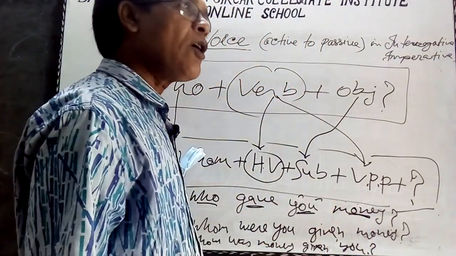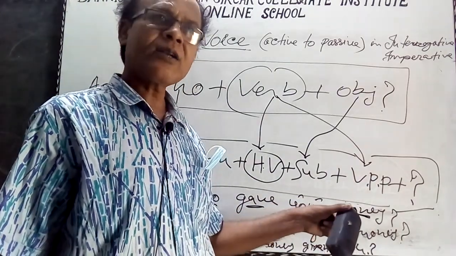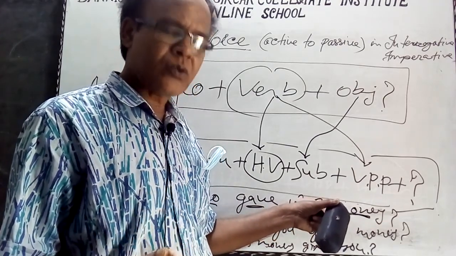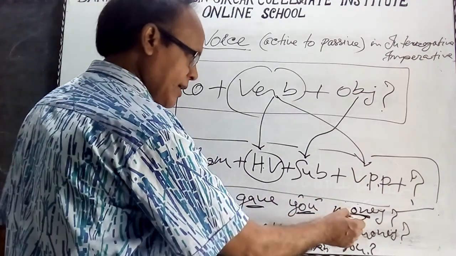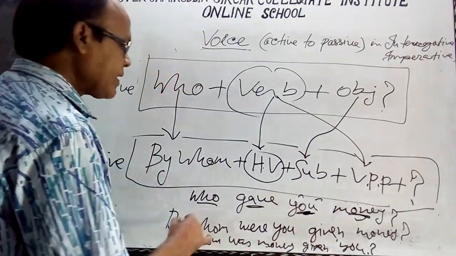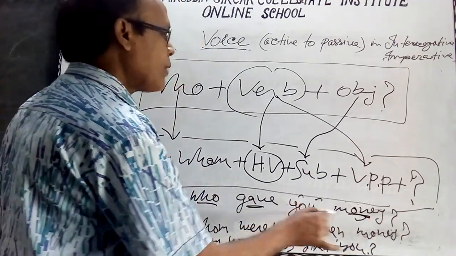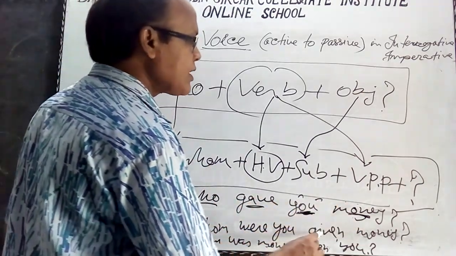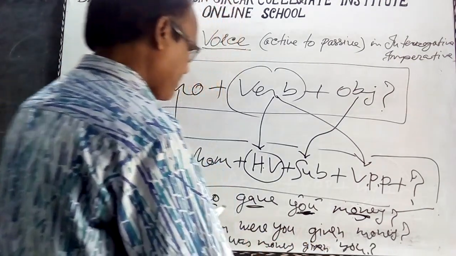We can take any of the objects, but it is better to take the thing, the money, or we can use the person. So we can write any of these. We can use any of the objects here. So, who gave you money? By whom were you given money? Or by whom was money given by you?